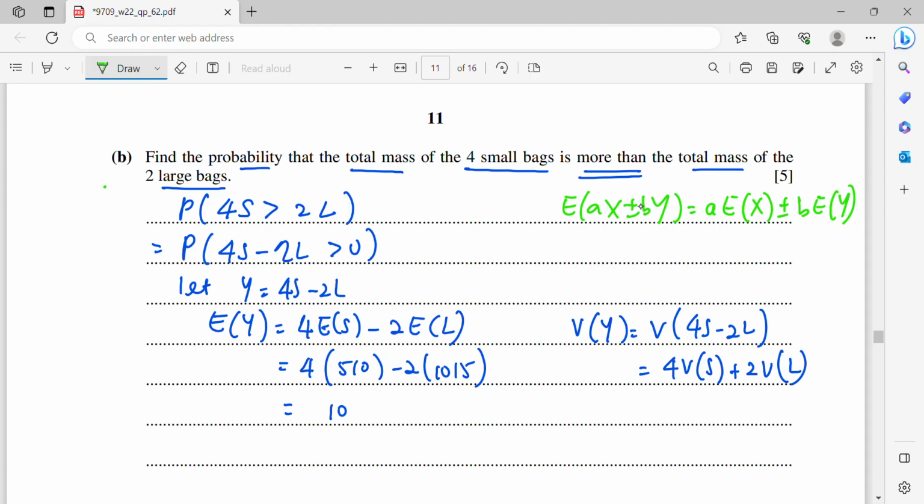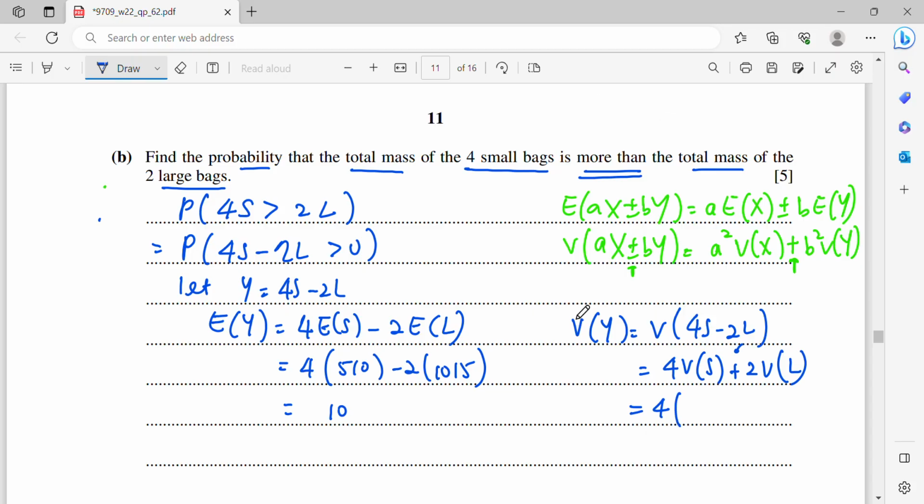But for the variance of AX plus minus BY, it depends on the A and B. If it is multiplication, then it will be squared for both. So even though this is plus minus, for variance you end up with plus. That's why in my working here, I use plus. So please take note of this.